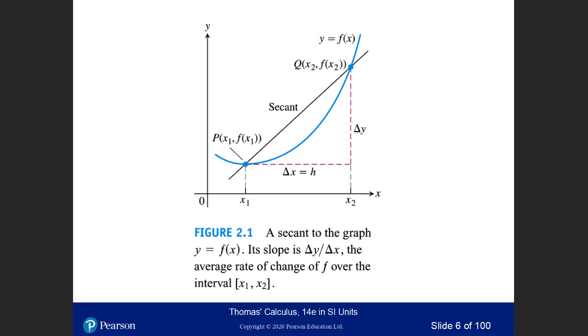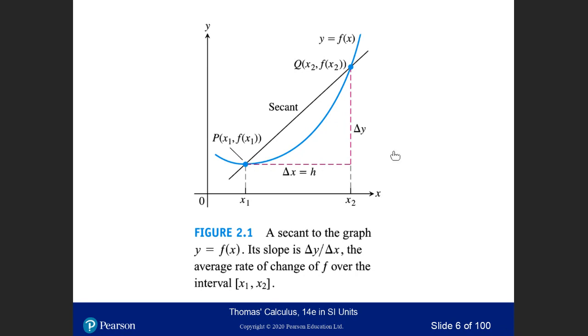Now pictorially what we are doing is this. Here is the point P on a curve, x1 and f of x1, and another point Q, x2, f of x2. Any line joining 2 points on a curve is called a secant line.